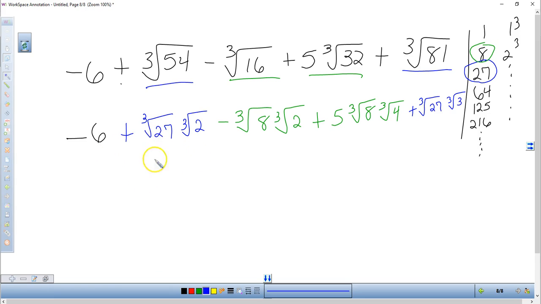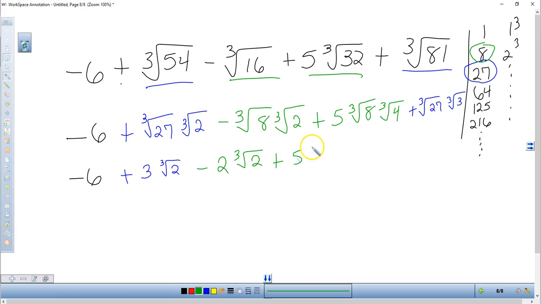So now, simplify things. Still got the negative 6. Cube root of 27 is the number 3, so I have 3 cube root of 2. Then moving down, I've got cube root of 8, which I know is the number 2, and then I have the cube root of 2.